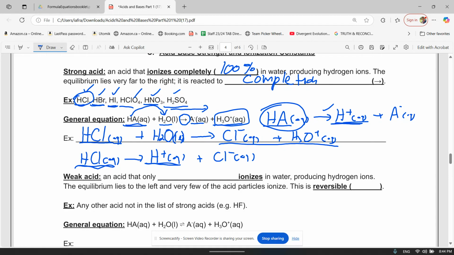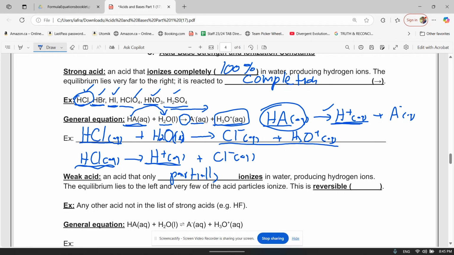Whereas a weak acid will not ionize 100%. So a weak acid does not ionize 100%. It only partially ionizes in water.